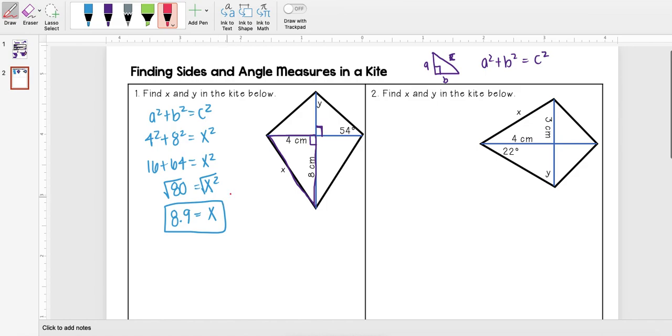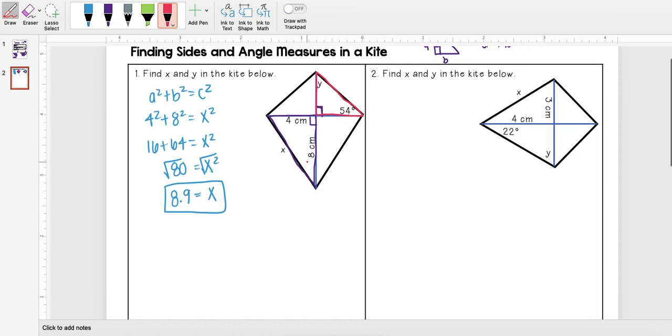So I found our x value. Now I need to find my y. I see here again I have another right triangle, and I know 2 of the 3 angles. If you recall, all angles in a triangle add up to 180.